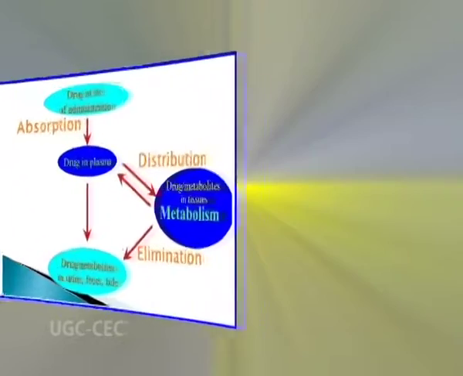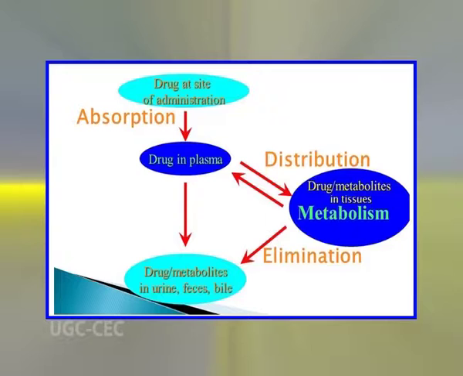Pharmacokinetics comprises all processes that contribute to the time course of drug concentrations in various body fluids, generally blood or plasma. That is, all processes affecting drug absorption, distribution, metabolism and excretion.